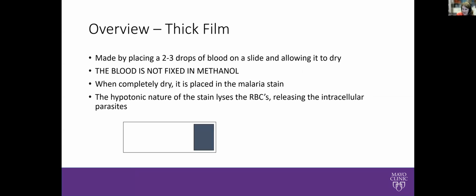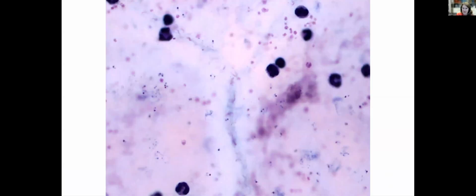So we'll have my cartoon here of my slide with the blood film, and then all the red cells will be lysed. On higher power, this is a view of a positive case with Plasmodium falciparum. You can see these larger areas, these larger cells are white blood cells. They tend not to lyse, but all the red cells are lysed.